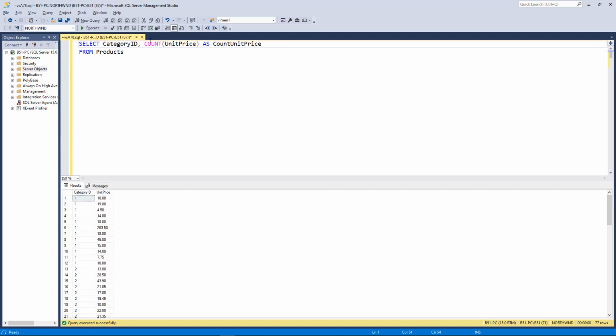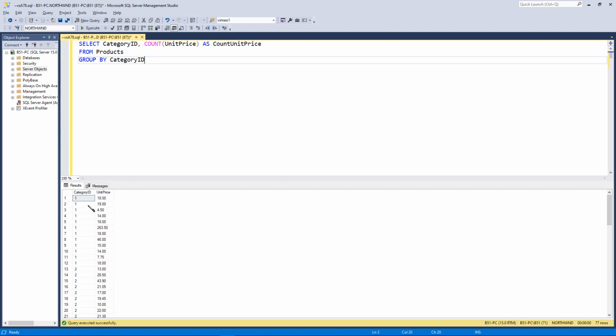After I write count, the aggregate field, I must add group by and insert the column that I want to group it by. So I need to have only one row of category ID 1 with the count of all rows.